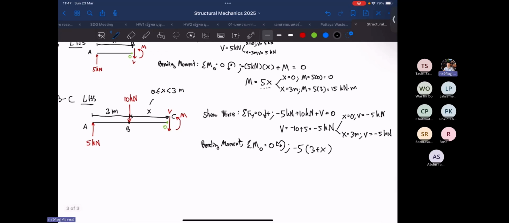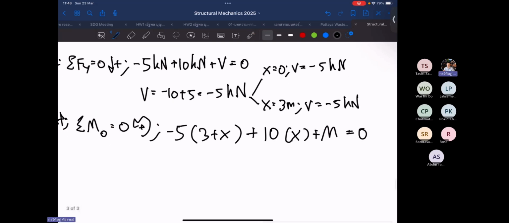Next is this force. Moment arm is from this point to this point, so just x. This one generates counterclockwise moment, so positive, plus 10 multiplied by x, then plus this internal moment, equal to 0.